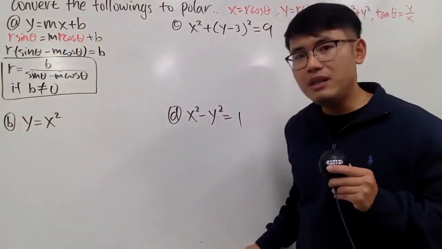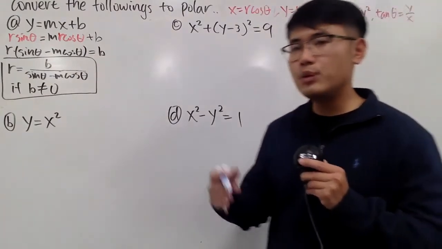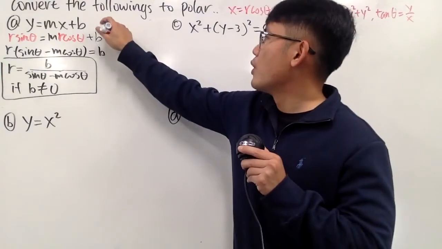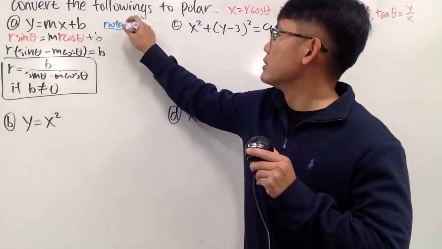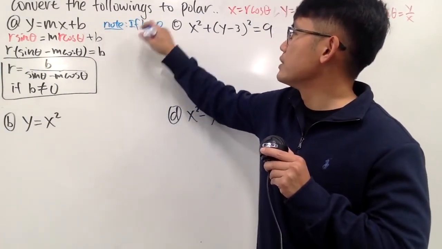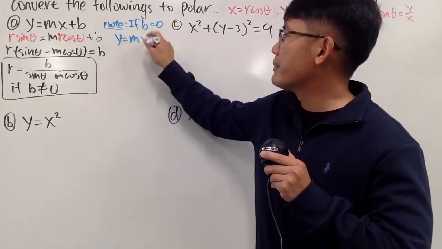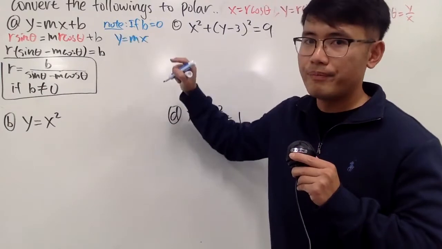Well, what if b is equal to 0? Namely, the line crosses the origin, right? Let me write this down right here for you guys. Note, if b is equal to 0, then we are looking at the equation y is equal to m times x plus 0.